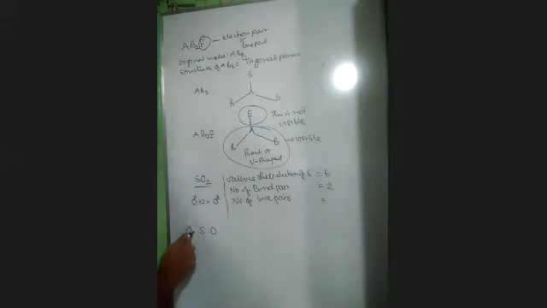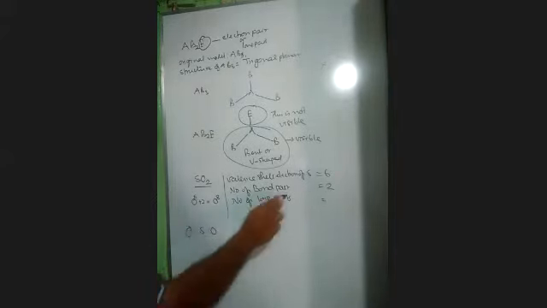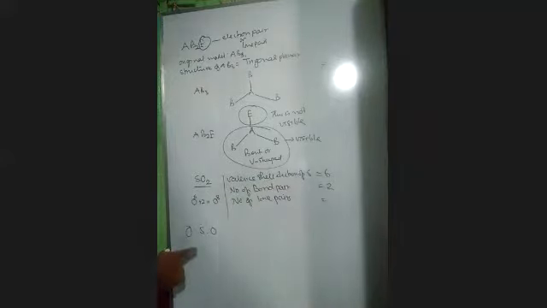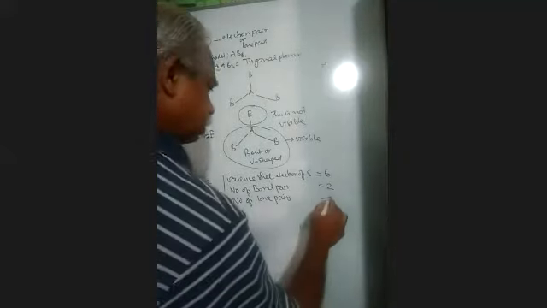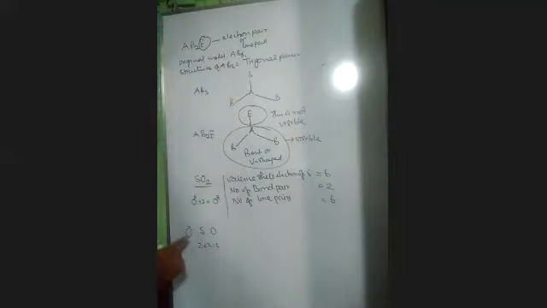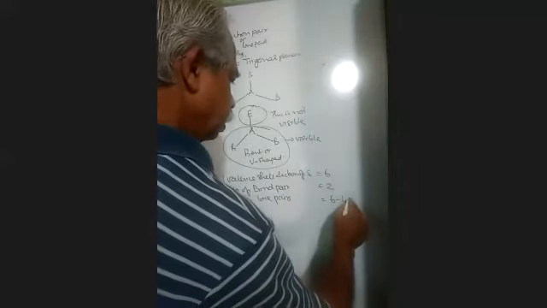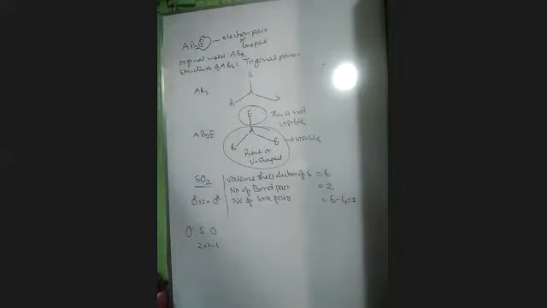Though we have written bond pair is 2, how many electrons got engaged in forming bonds? Here it is 2, and here it is 2. So 2 plus 2 is 4. Then number of lone pairs is equal to 6, the valence shell electrons, minus the electrons that took part in bonding, 2 plus 2, 4. So it is 2.